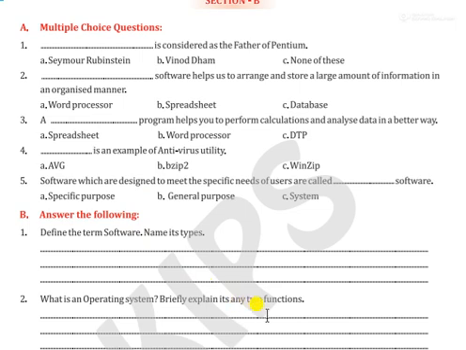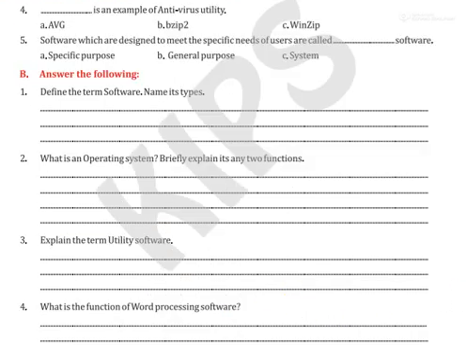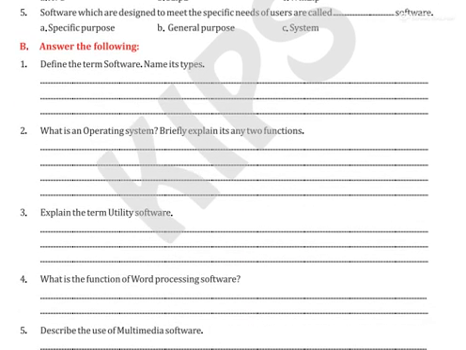What you can write: software is a set of programs, that part that we cannot see or touch. It is a set of programs or a collection of programs that is called software. And its types: you will write two types of software, system software and application software, right?